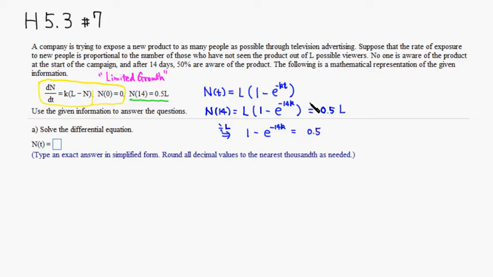Then I'm going to just subtract 1 from both sides. So you have negative e to the negative 14K is equal to 0.5 minus 1, which is negative 0.5. Then I'm going to multiply by negative 1 so that we can turn this into a positive sign.